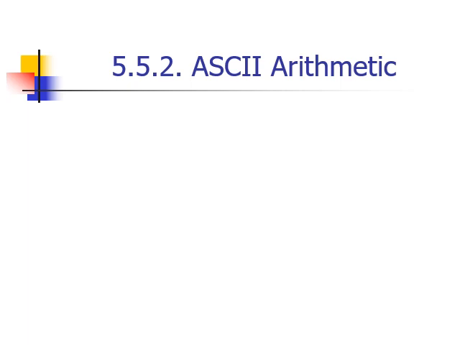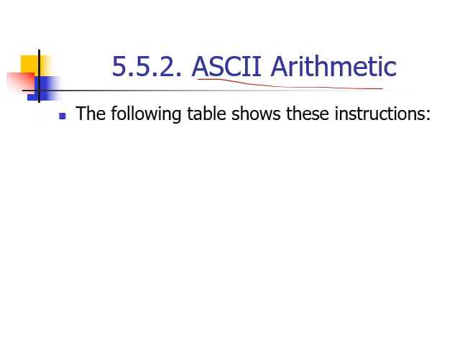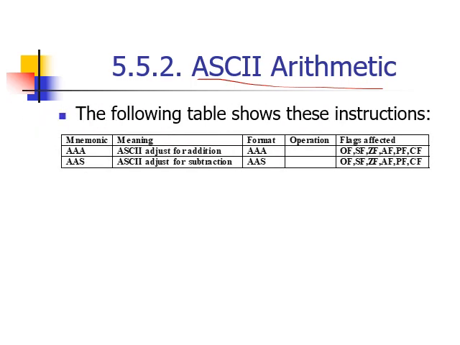Now we're talking about the ASCII arithmetic used by travel agencies. These instructions are used with ASCII arithmetic. AAA, you adjust your numbers for addition. AAS, ASCII adjust for subtraction.